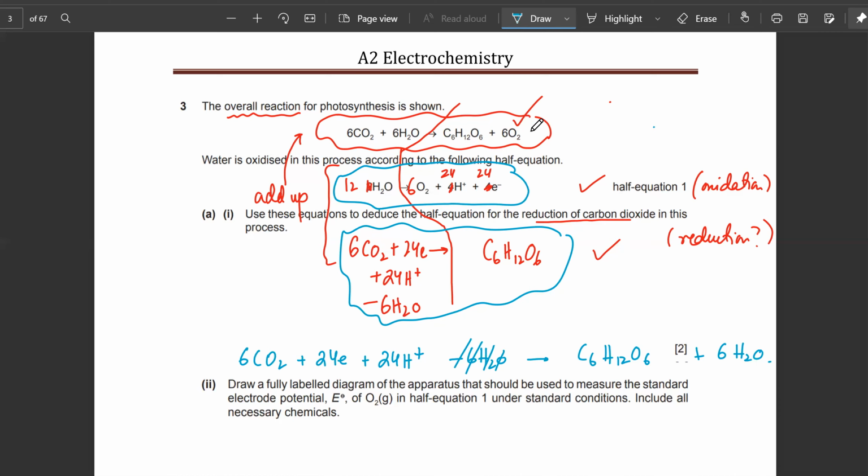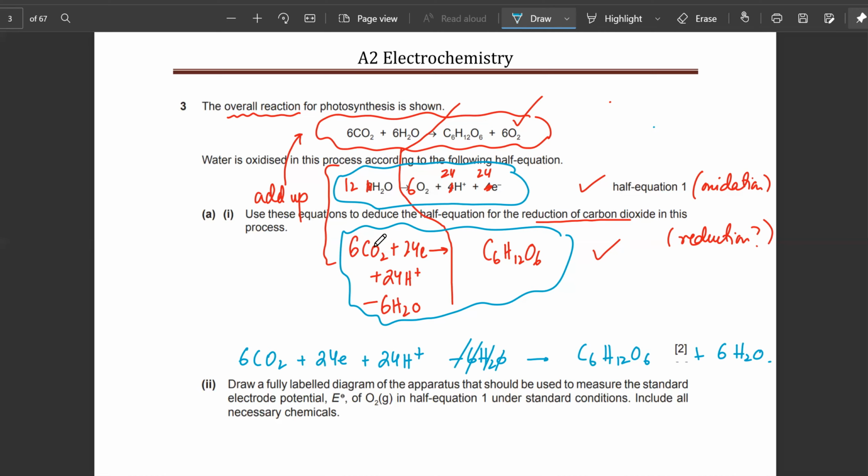Because my overall equation had 6 O2s, I multiplied the oxidation equation that they had given me by 6, so that when I add the two equations, I get 6 O2s in my products. That gave me 24 H plus 1 and 24 electrons. Because there was no 24 H plus 1 or 24 electrons showing up in my reactants or products, I assumed that those being produced here were being consumed in the second reaction.